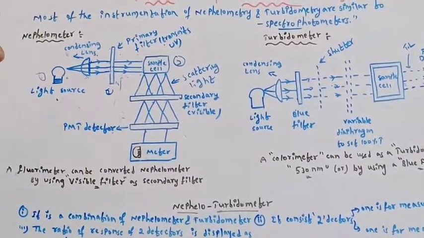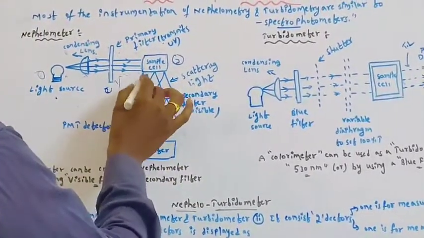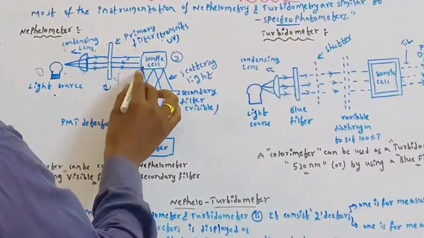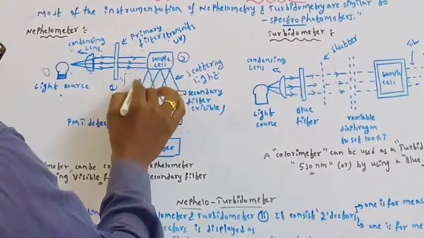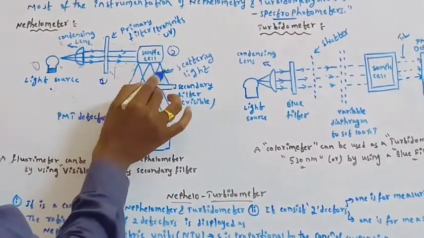Here, what is the importance of the nephelometer? It will measure the scattering of the light from the sample. Whenever UV radiation falls onto the sample cell, the suspended particles present in the solution will scatter the light.